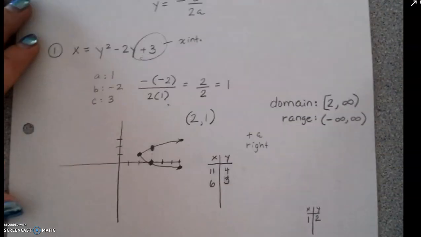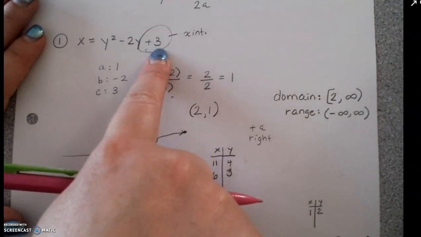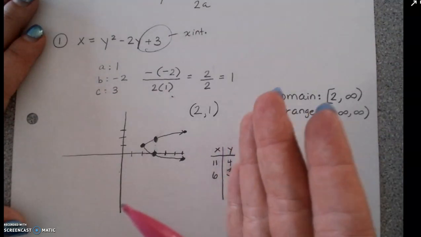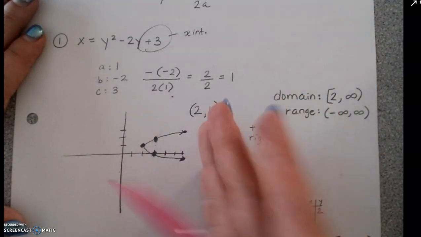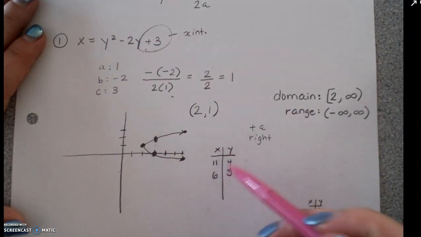So recap. In standard form, everything's the opposite of y equals, of vertical parabolas. So I'm left to right. This is my x-intercept. And then if I'm going to plug points in or use my calculator's graph, I need to remember it's always backwards. I'm plugging in a y to here to pop out whatever my x is.